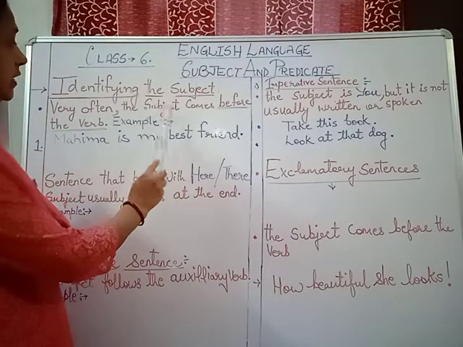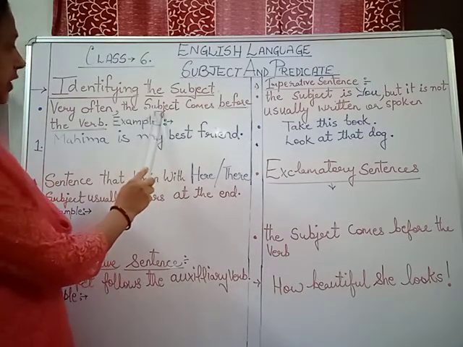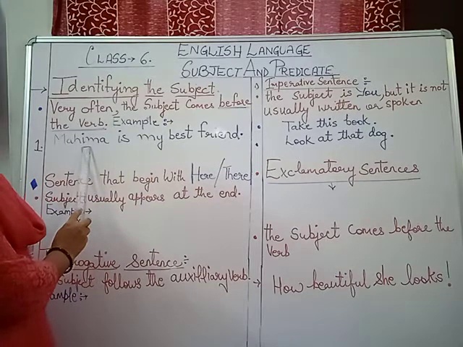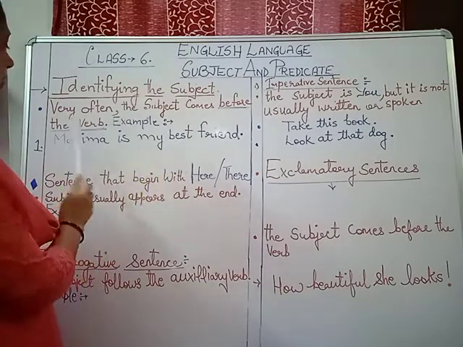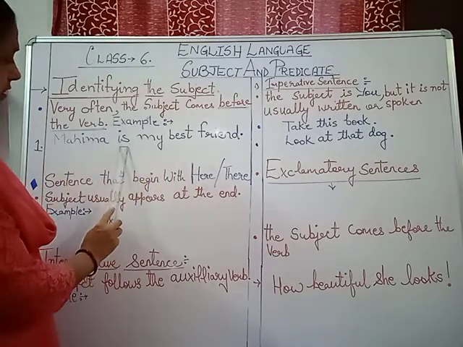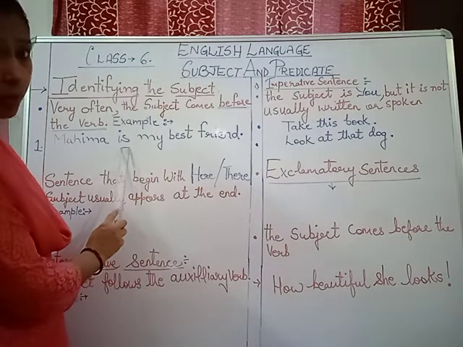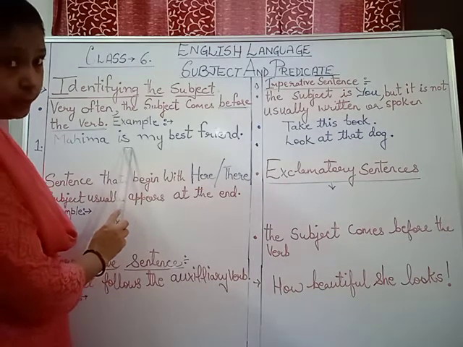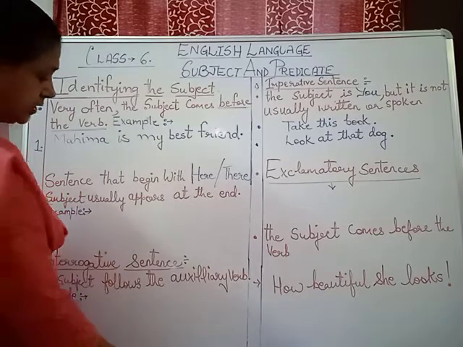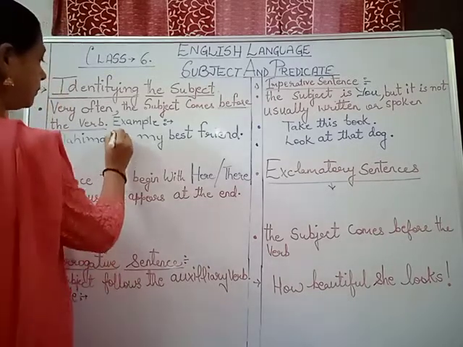So children, here the subject, Mahima, comes before the verb. The predicate part always begins with a verb. So "is" is a verb.